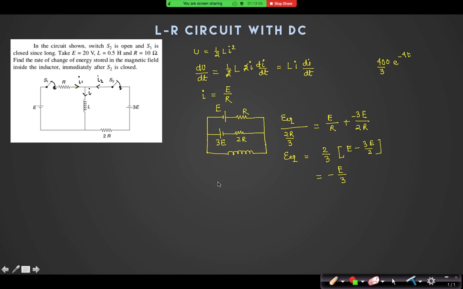Minus means the final potential will be like this. Yes or no? Initially the current in the inductor was in which direction? Current in the inductor was in this direction.